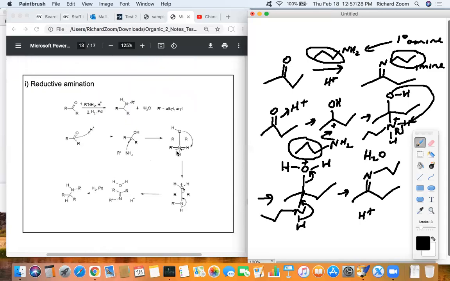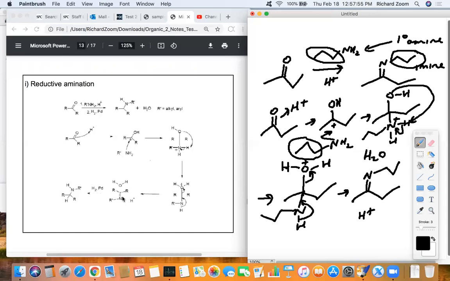So one of the ways that we can use this, and this is not really something that's going to be on the test, but I'm showing it here, is called reductive amination. What that does is we form this imine, which has a C double bond N, and then this imine can be treated with hydrogen and palladium. We've seen this reaction before when we were looking at reduction of nitro groups into anilines.